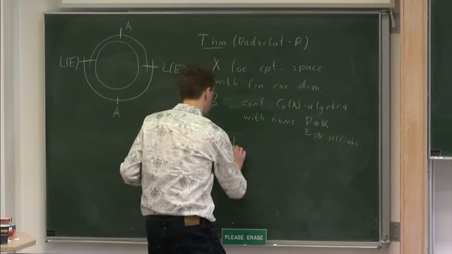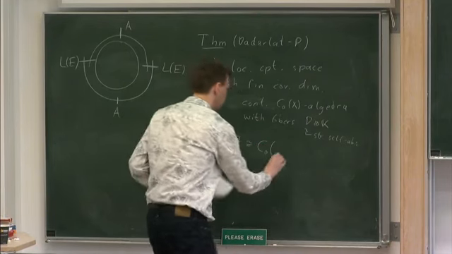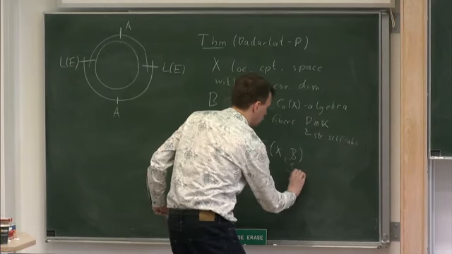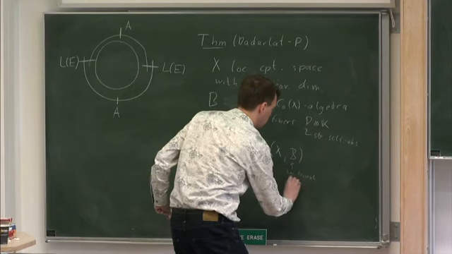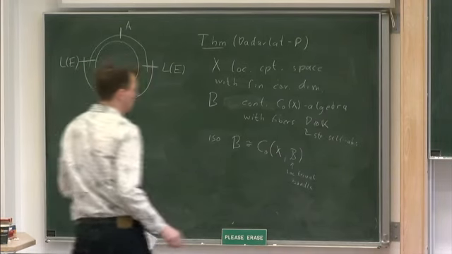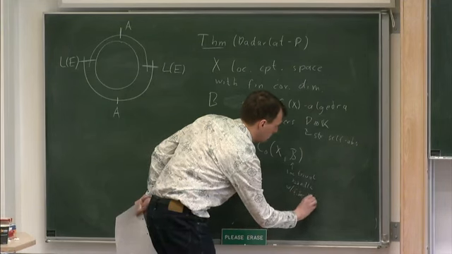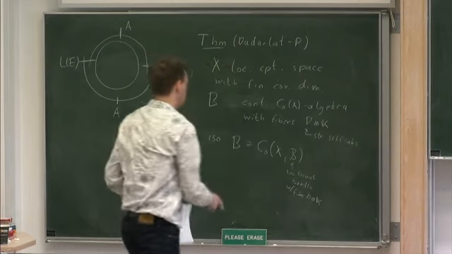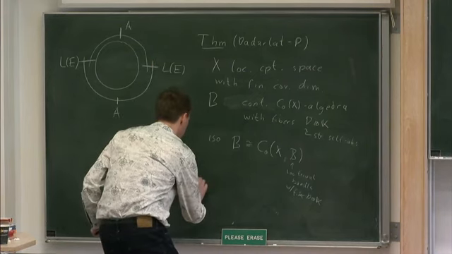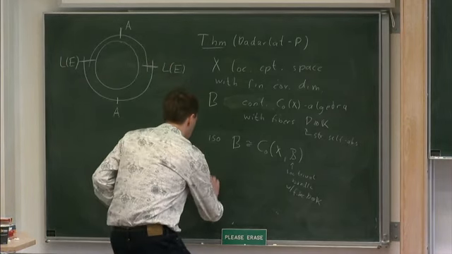So I can find a bundle B such that this is isomorphic to the section algebra if and only if B satisfies the so-called generalized Fell condition, which was something like this.